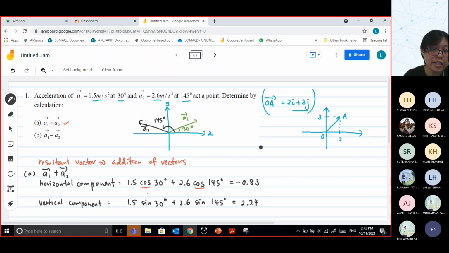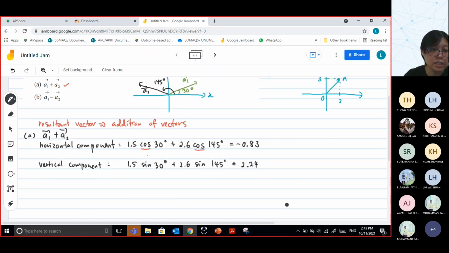Then the next is to get the resultant vector, the addition of the two vectors. You need to find the magnitude of A1 plus A2. Remember how we find the magnitude? R equals square root of H square plus V square.